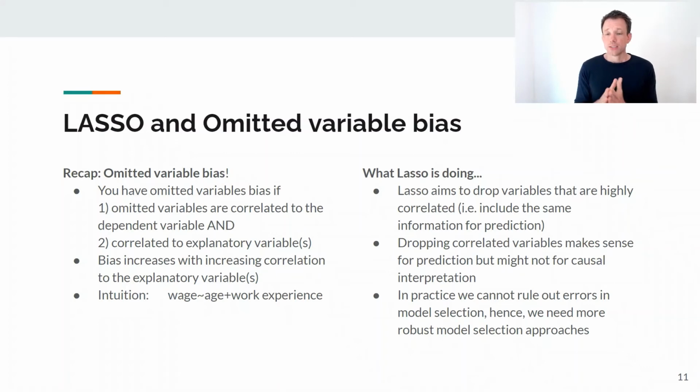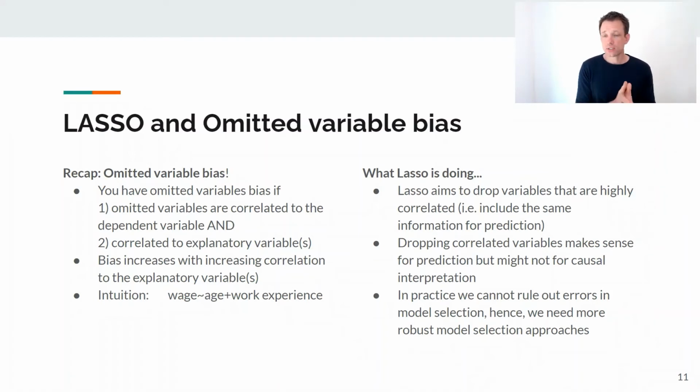Okay, but now consider what Lasso is doing. Lasso is programmed to do prediction, and it's programmed to drop variables that are highly correlated, which means that they include the same information for prediction.